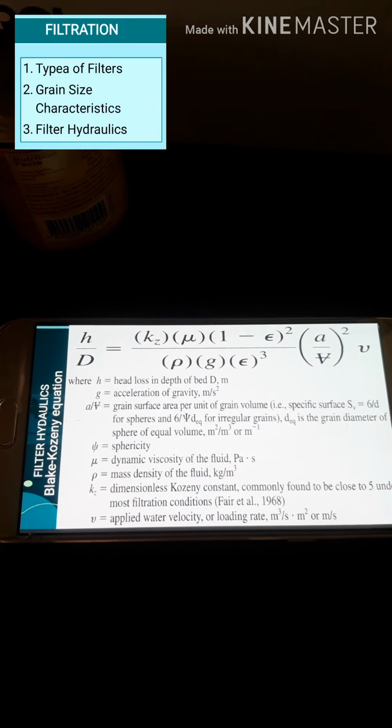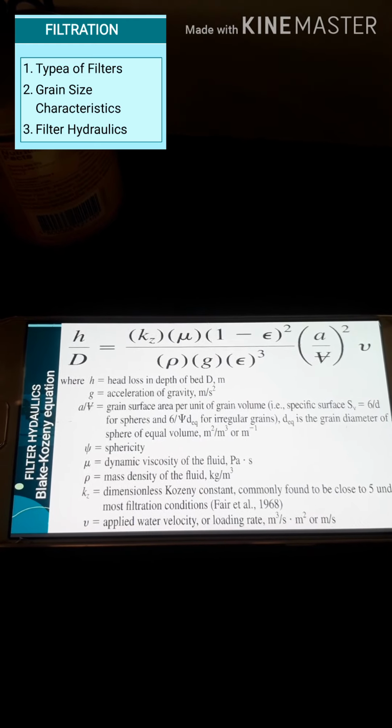So under filter hydraulics, we have the Blake-Kozeny equation.